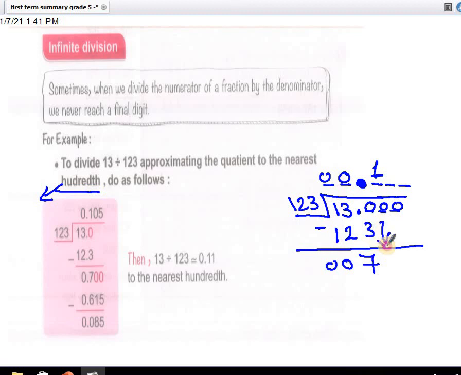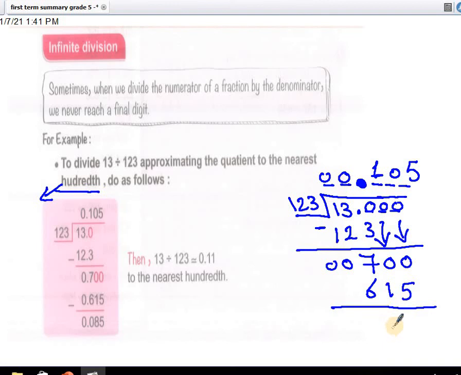Okay, I'm going to drop another 0. Here 70, 70 divided by 123, no, so I'm going to drop down the other 0. 700 divided by 123, it will be 5, yes, 5 multiplied by this number will be 615.